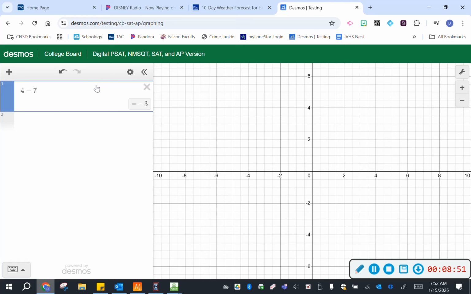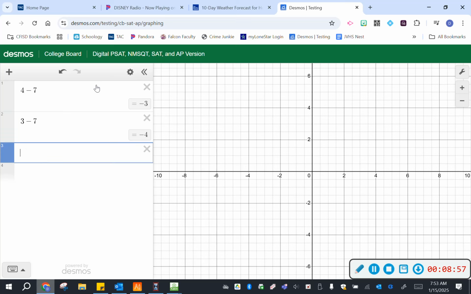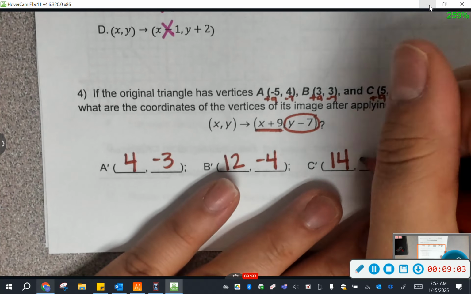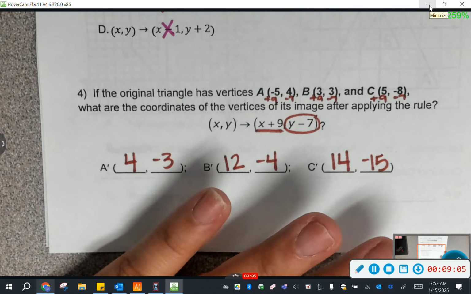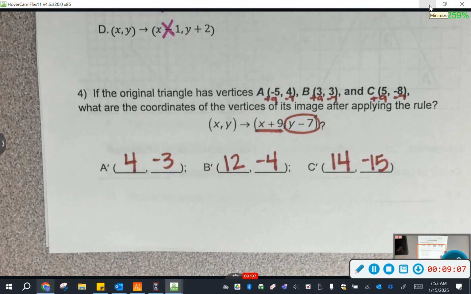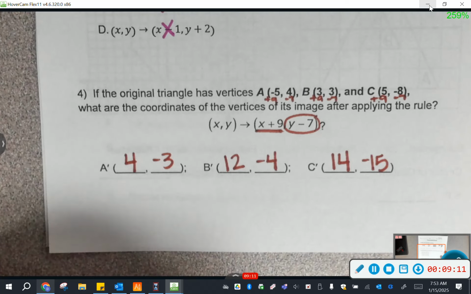Negative 3. What is 3 minus 7? Negative 4. And what is negative 8 minus 7? Negative 15. Again, even if you're great with adding and subtracting, put it in Desmos just to check. I would hate for you to get one of these wrong because you made just a little bit of mental error.